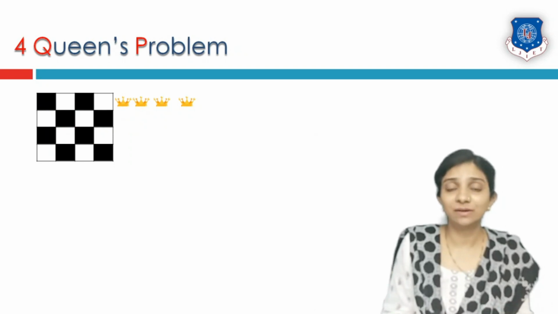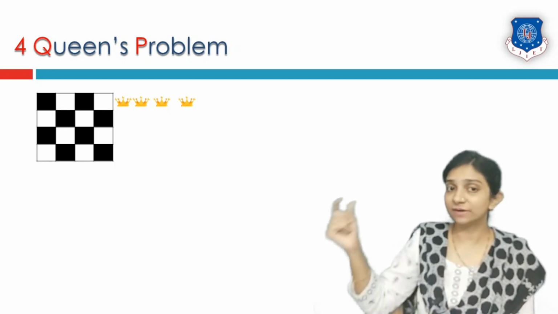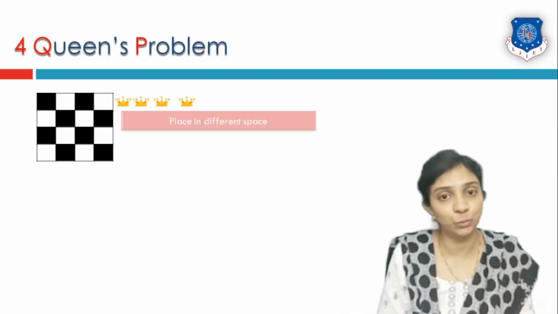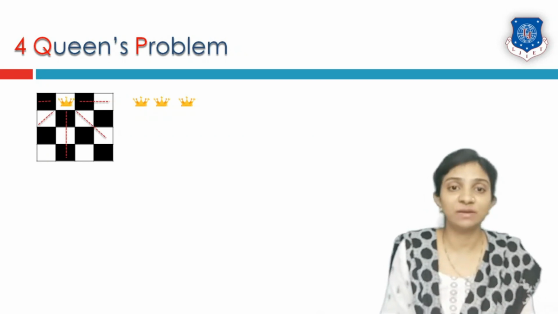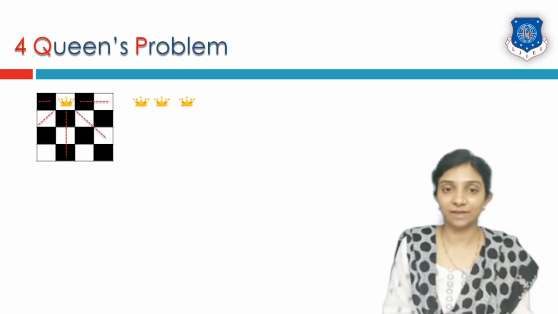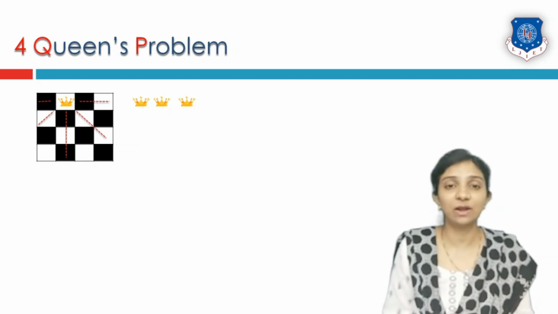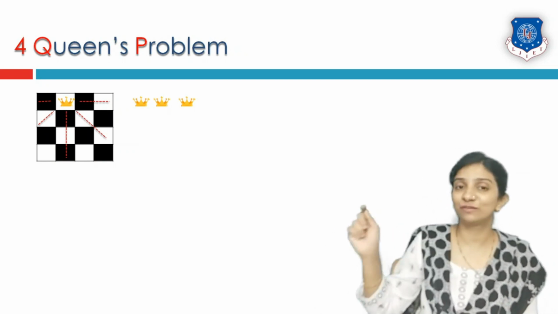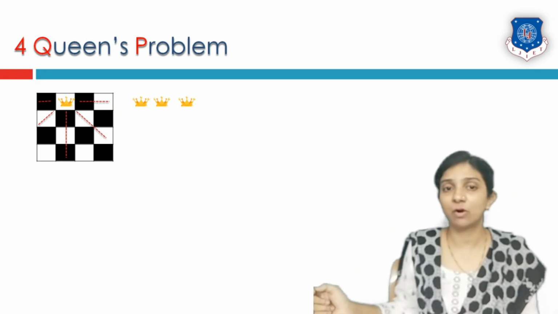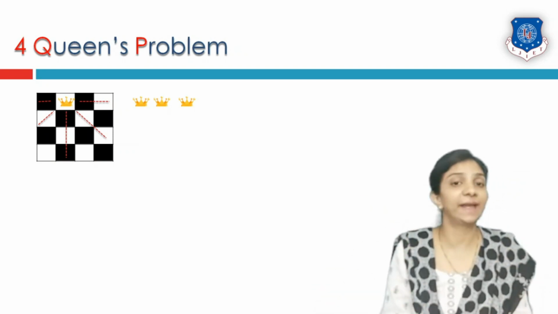So another option where I can put my queen number 1 is row 1 cell number 2. So let us put our queen number 1 in some different space, that is row number 1 and column number 2. Now from here we have blocked the same row, the same column and both of the diagonals.